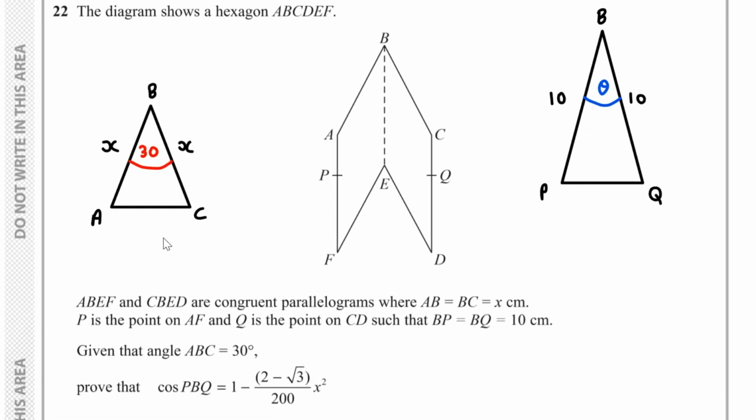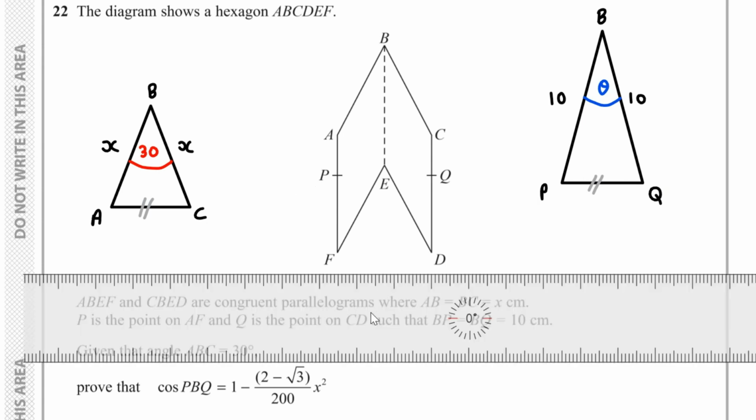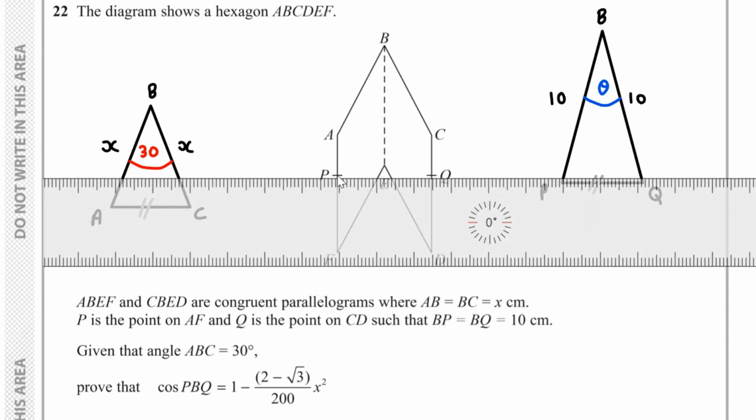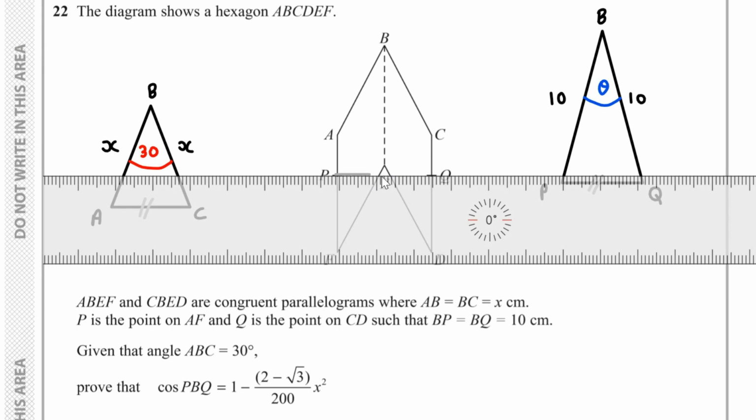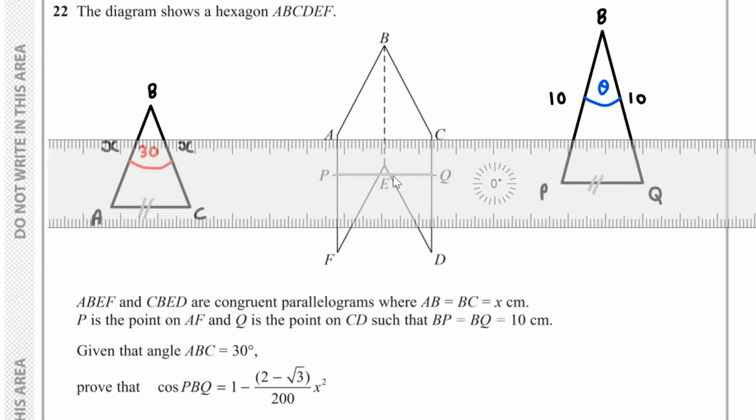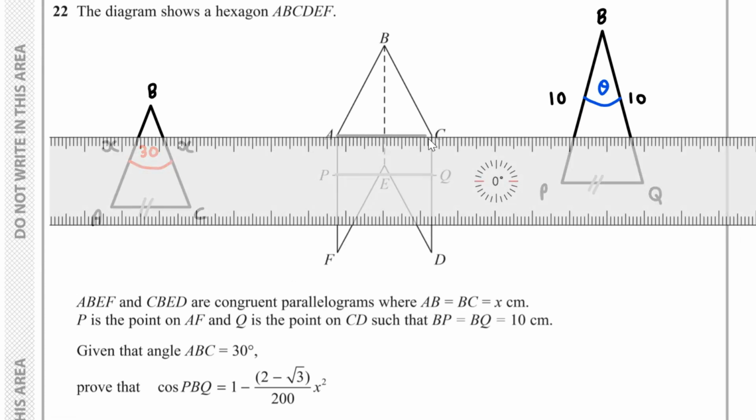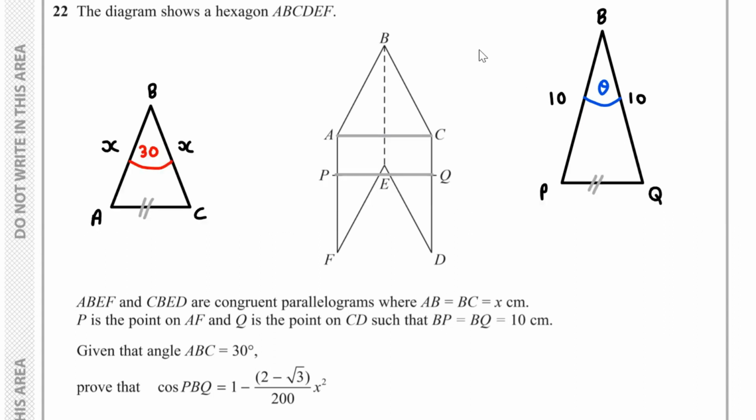And you'd also find AC is equal to PQ. Now, AC is equal to PQ because this is equal to this, and that should make sense from the diagram. If I somehow know AC, then I know PQ.